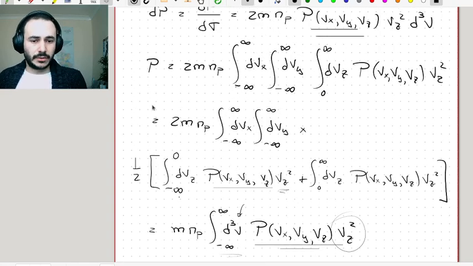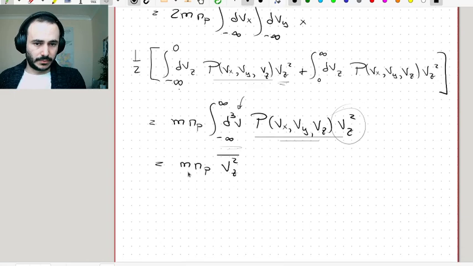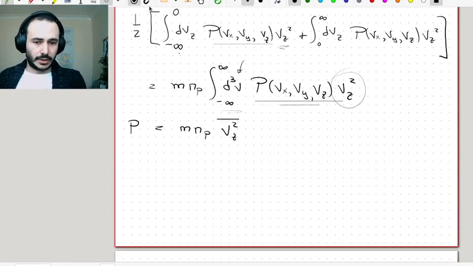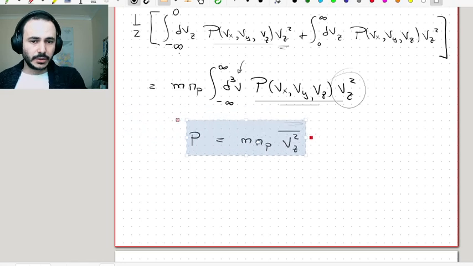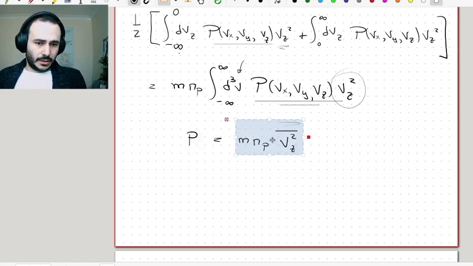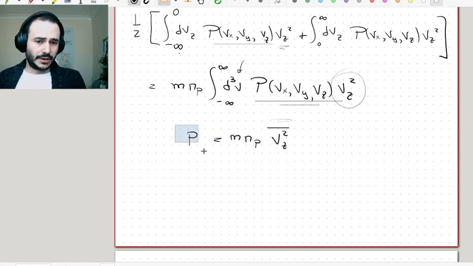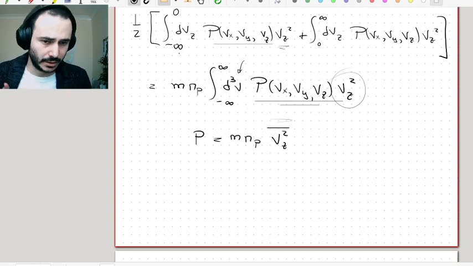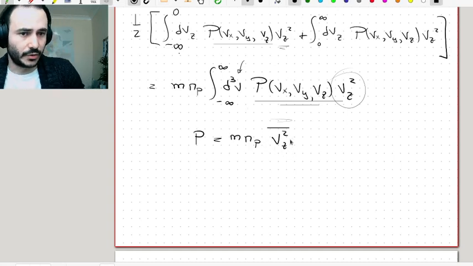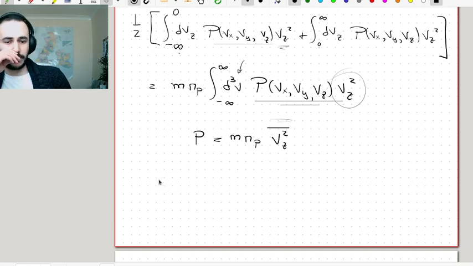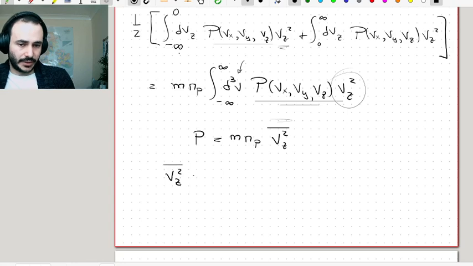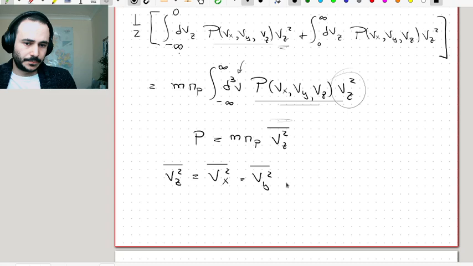Remember, the initial thing was the pressure. So what I'm writing here is that the pressure in my system is simply proportional to the average of the velocity component perpendicular to the wall that I'm looking at, to any wall. And remember that my system is isotropic, so the average of v_z squared should be equal to the average of vx squared and vy squared, and any other direction.